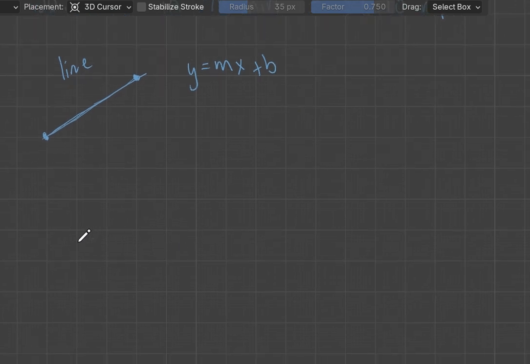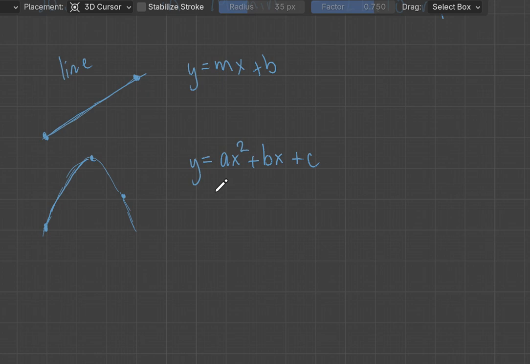For a parabola, you need at least 3 different points to describe it. So if you have a parabola that kind of has this shape to it, and this is y equals, I'll say, ax squared plus bx plus c, where again y and x are variables.